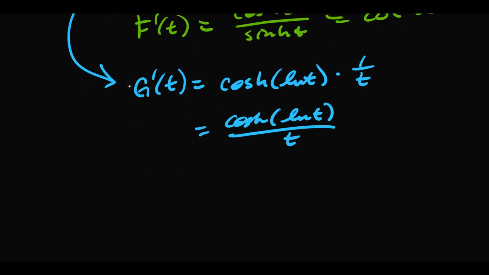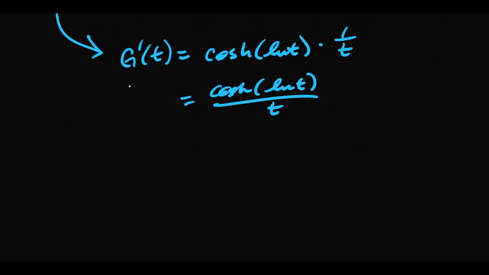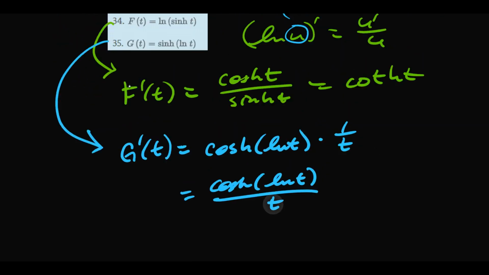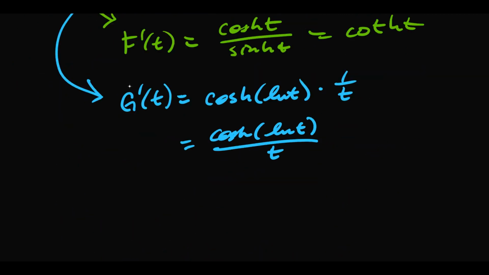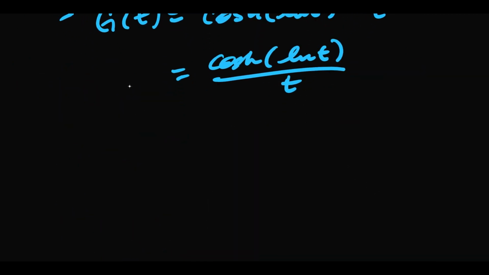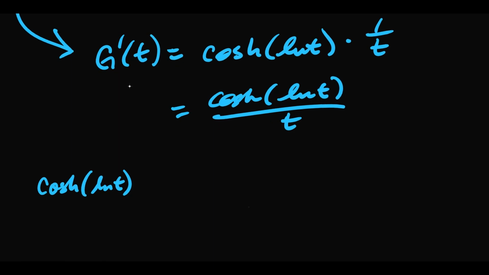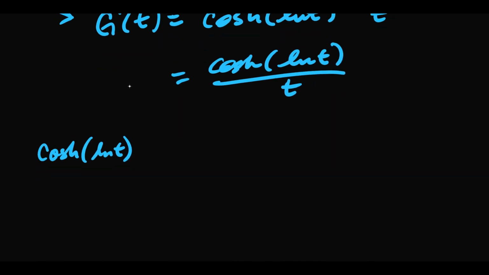Now, I wonder what we can do with this. In fact, I wonder what we could have done at the beginning of the other one. No, this one here is a little different because hyperbolic cosine of natural log of t, in fact, we probably could have done this from the beginning. Remember what hyperbolic cosine of x is.